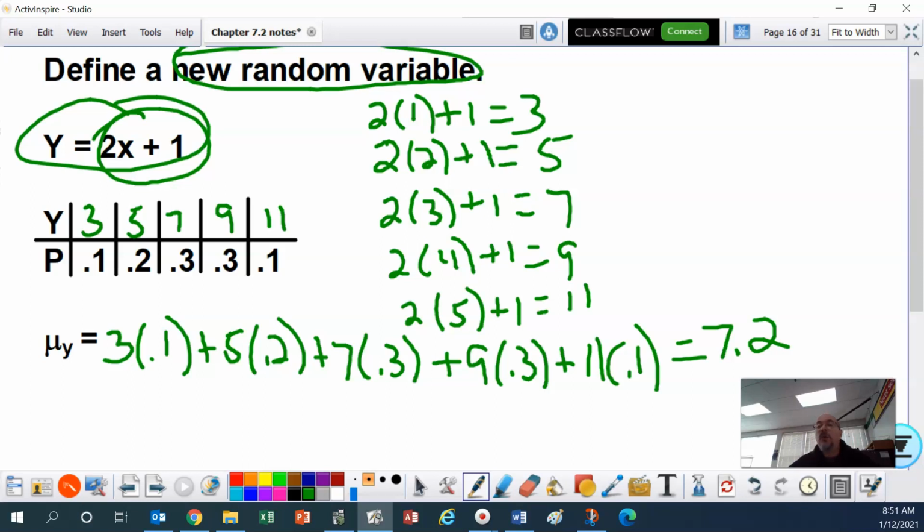But we don't need to do all of that work because in our last problem, the expected value of x, remember, was 3.1, right?